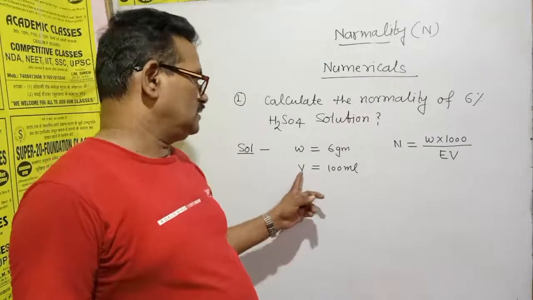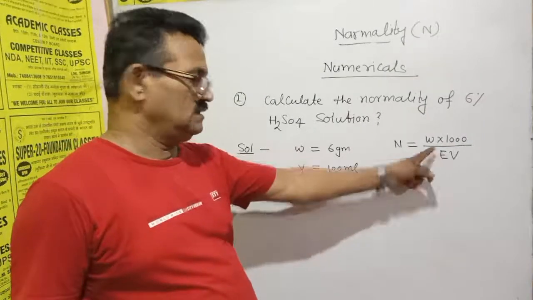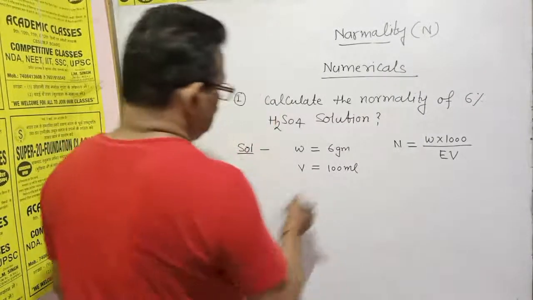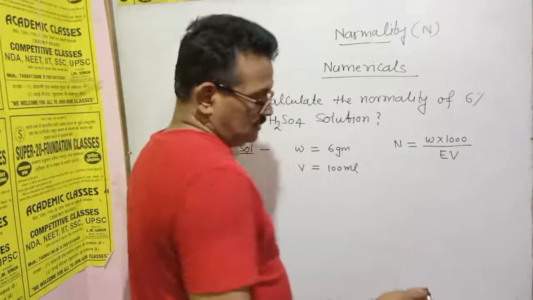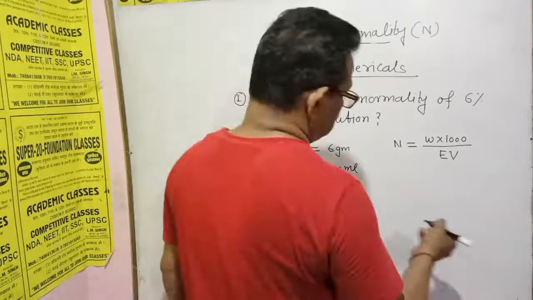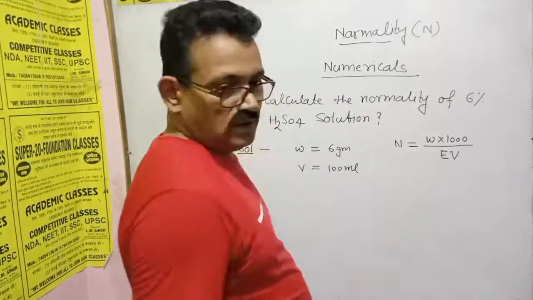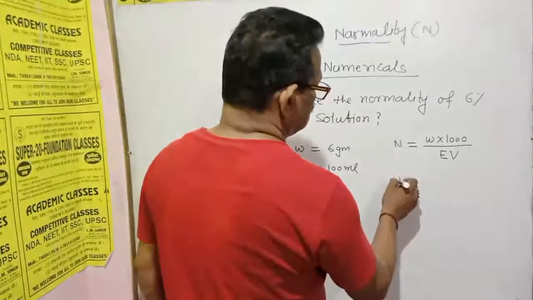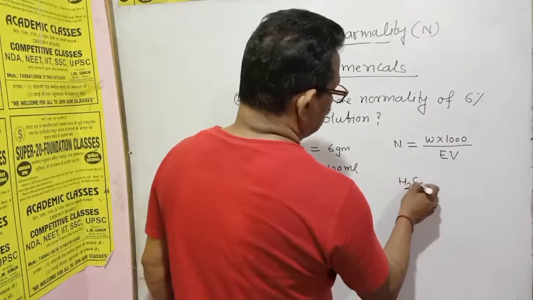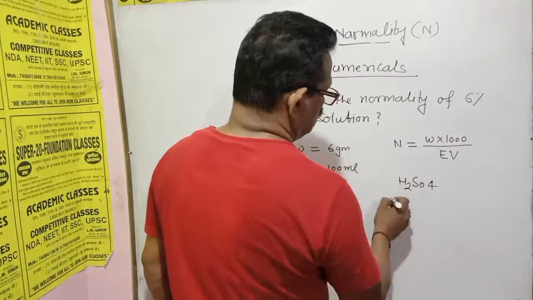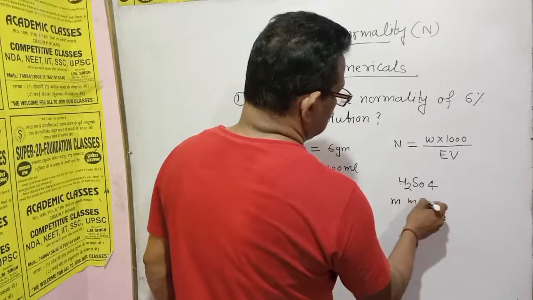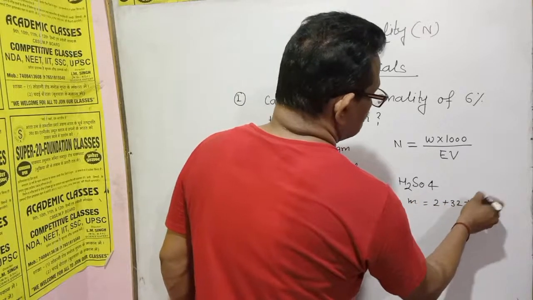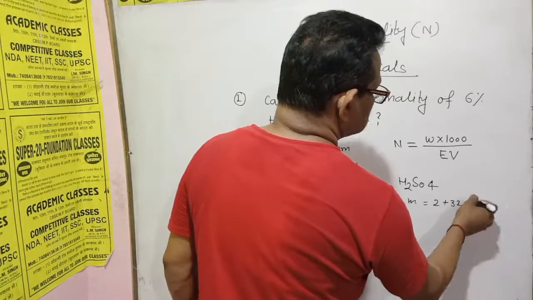One more component is also required: E. E means equivalent mass here. I also explained in the past how you can calculate the equivalent mass. Here you take H2SO4. Calculate the molar mass: 2 plus 32 plus number of oxygen is 4, means 64.